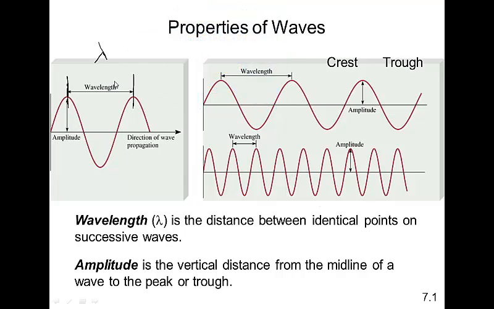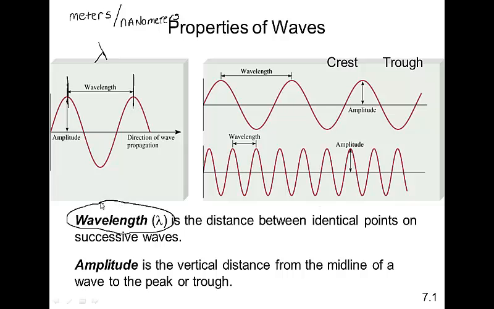It is the distance between identical points on successive waves. You will be calculating and measuring waves in either meters or more frequently nanometers. So wavelength with this symbol is really important.